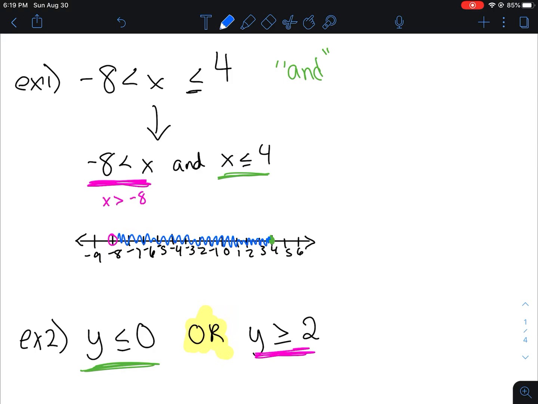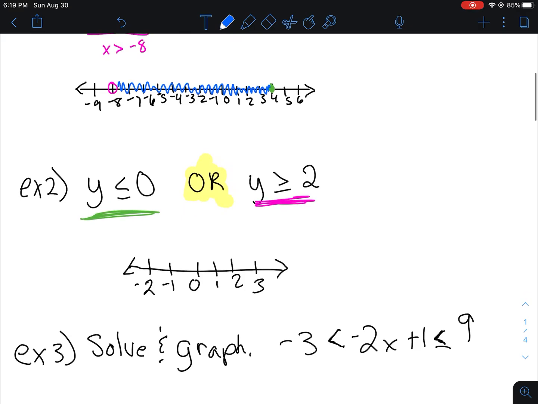It can be equal to +4, but it has to be greater than -8. And so in between there is the true statement. Nothing to the left of -8 or anything after 4 to the right is true. It's true for the pink, it's true for the green, but it's not true for both. So that is where the overlap happens.